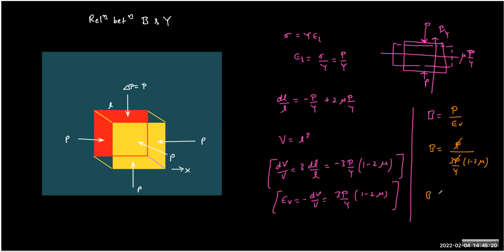You can see the B comes out to be Y upon 3 into 1 minus 2 mu. This is the relation. So bulk modulus and the Young's modulus are related by B equals Y upon 3 into 1 minus 2 mu. Okay. So you just need to remember this.